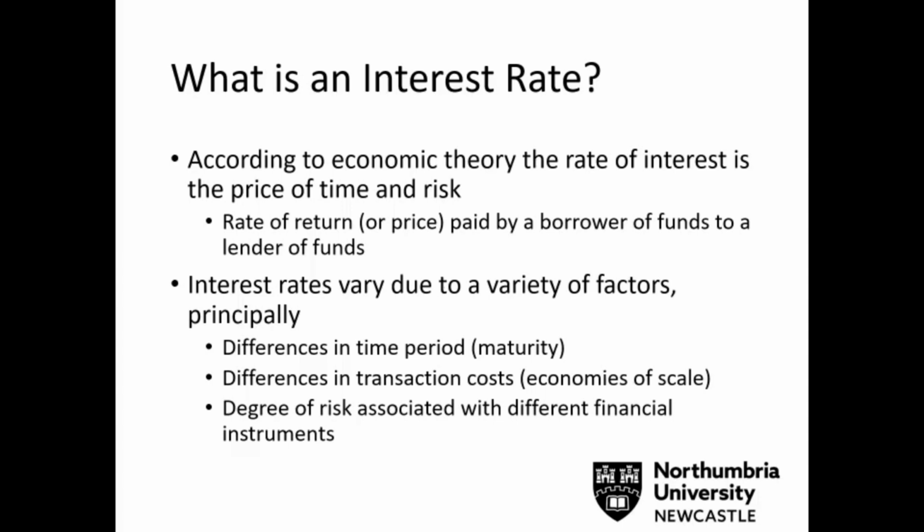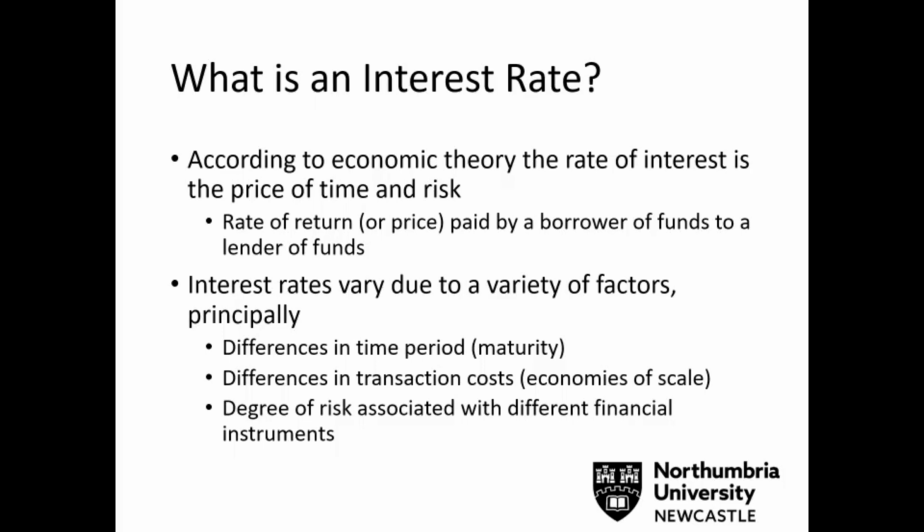Of course, interest rates differ on various products and who the lender and borrower are, but the main concept from a theoretical point of view is that the reason interest rates change on different products depends on the length. Typically, if you borrow for longer, it costs you more. There's also the economies of scale concept.